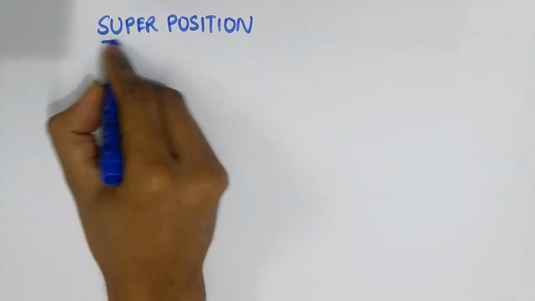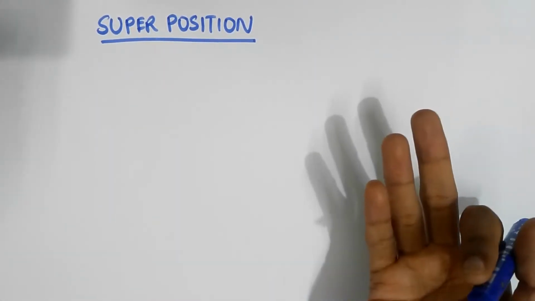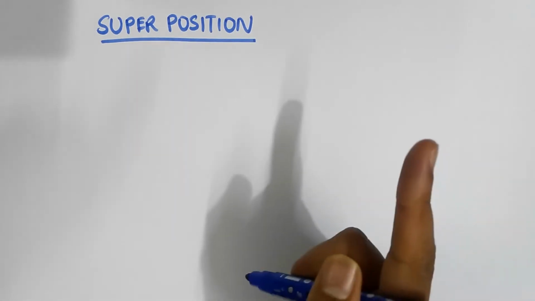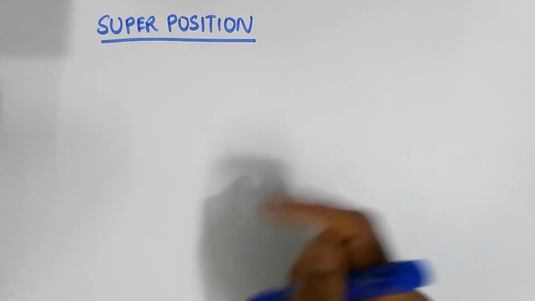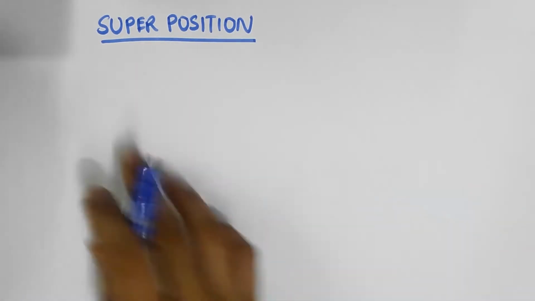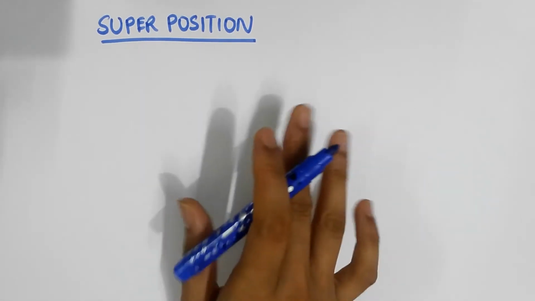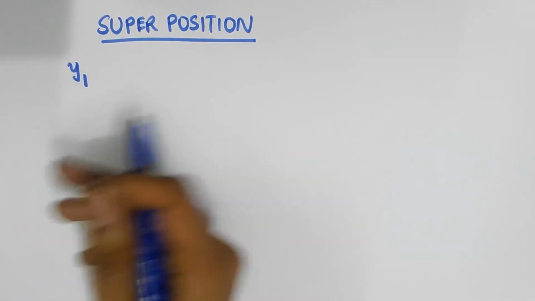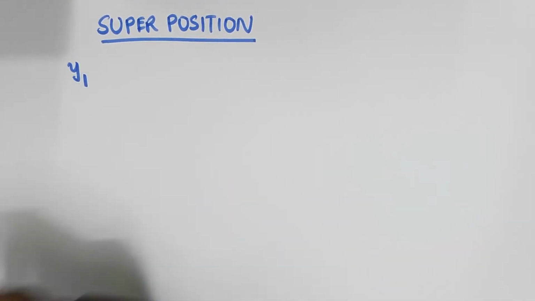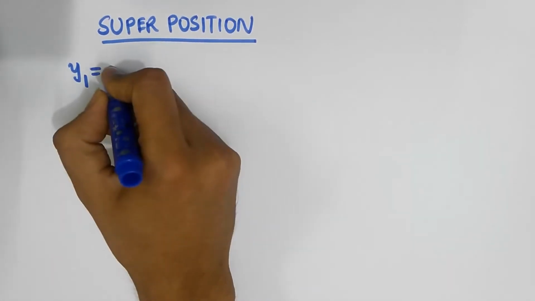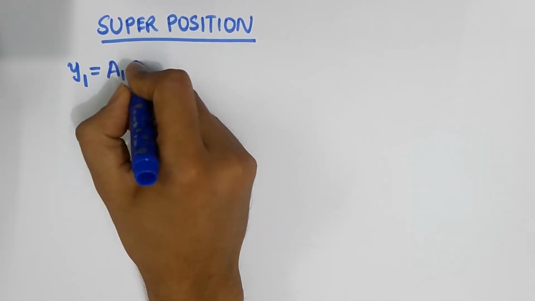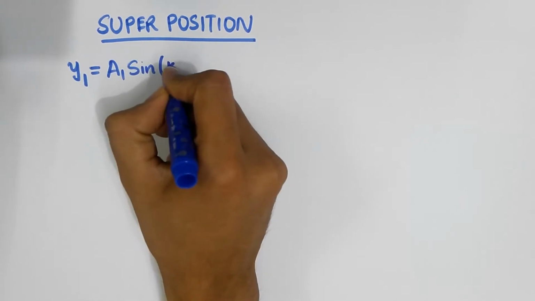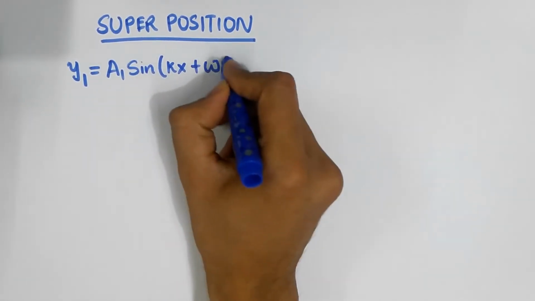The superposition of waves is given by a principle called, wait for it, the superposition principle. The principle says that if y1 is the equation for the displacement of wave number 1, it could look something like a1 sine(kx + omega t).